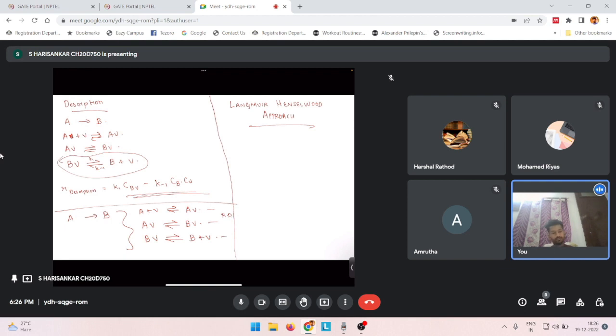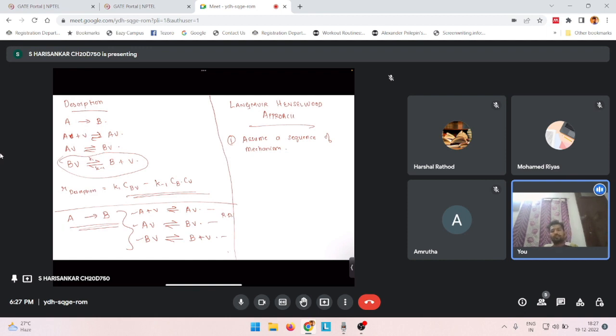In this Langmuir-Hinshelwood approach, the first step is to assume a sequence of mechanism. So this is our sequence of mechanism that we did for this simple reaction A giving B, which is A getting adsorbed on a vacant active site, and A on the vacant active site, which is basically an activated complex, will undergo reaction and reversibly give the product, which is also an activated complex.